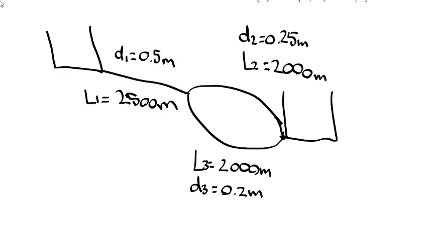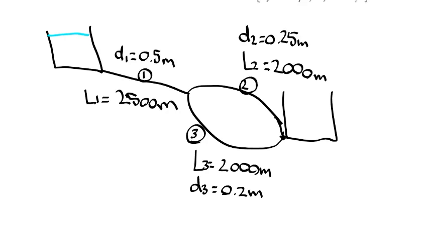Let's number our pipes so that we know which ones we're working with. You can call this pipe number 1, pipe number 2, and pipe number 3. So now we know what we're working with. They want to know the flow rate in pipe number 3. And we have some more information with regards to the water levels.